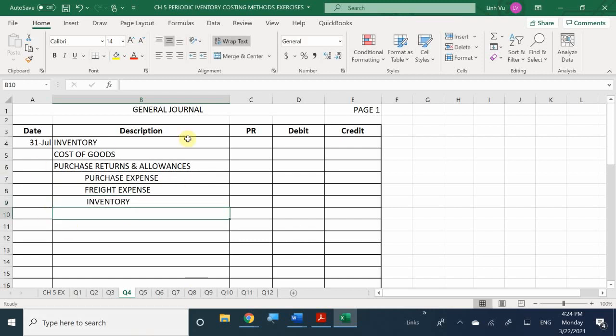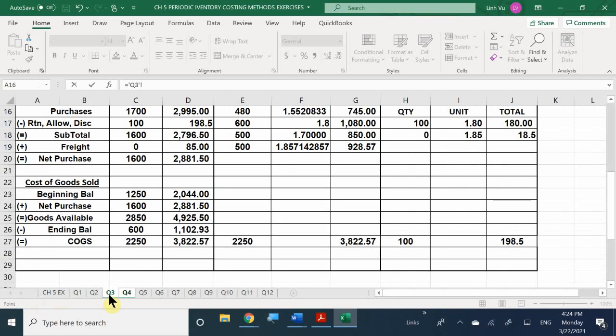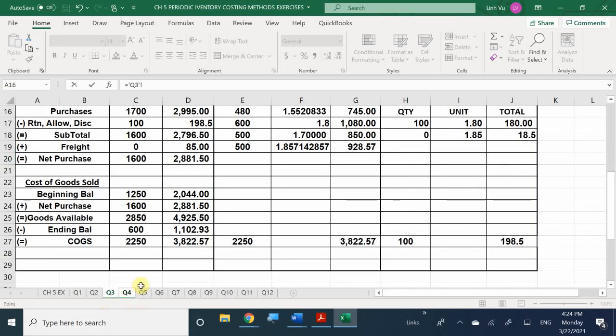So let's go ahead and solve our information. What was my ending balance that I calculated? 1102.93. Good. What was my total cost of goods sold? $38.22.57.